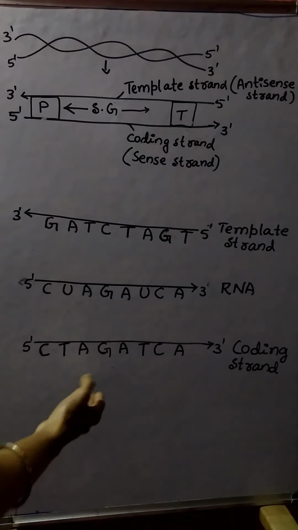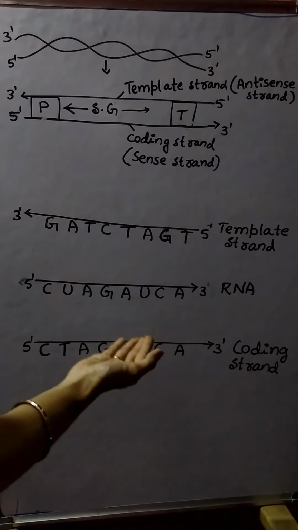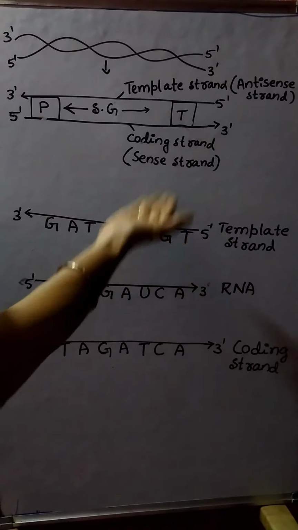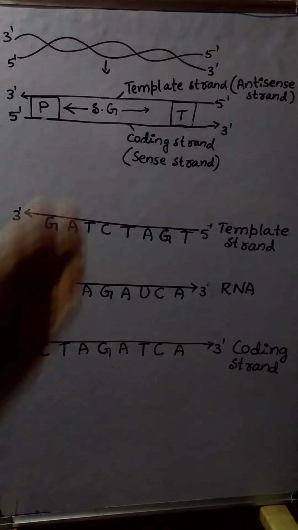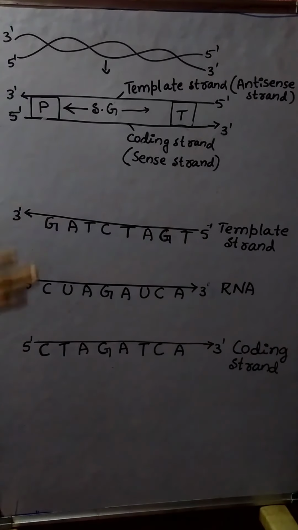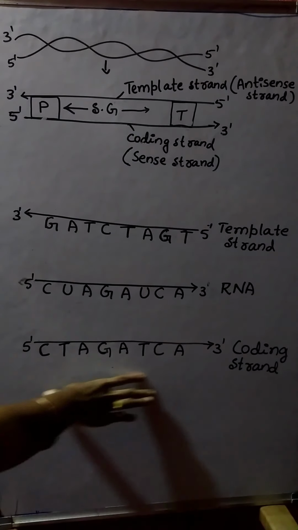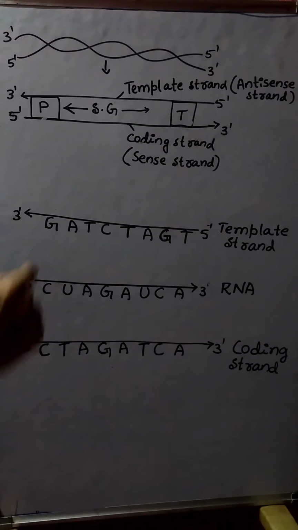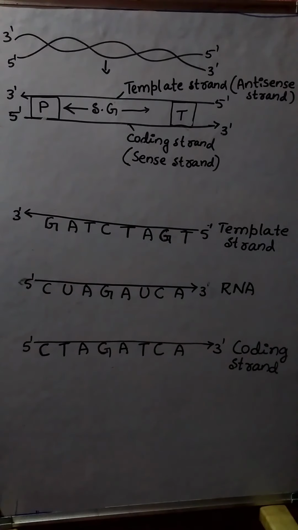If you know the base sequence of coding strand, then you can easily write the base sequence of template strand and the base sequence of RNA. Remember, the base sequences of coding strand and template strand are opposite. Means the base sequence of coding strand forms complementary base pairing with the template strand.